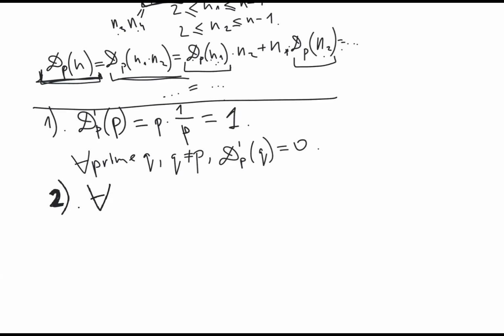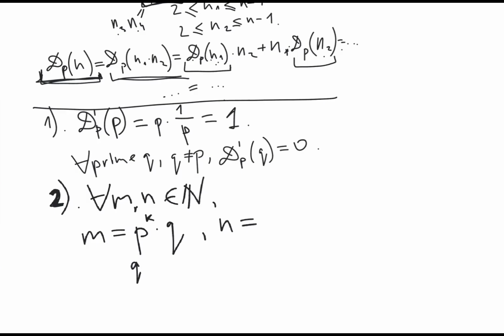So for any natural numbers m and n, let's say that m is equal to p to the power k multiplied by q, where q is not divisible by p, and n is equal to p to the power l multiplied by r, where r is not divisible by p.